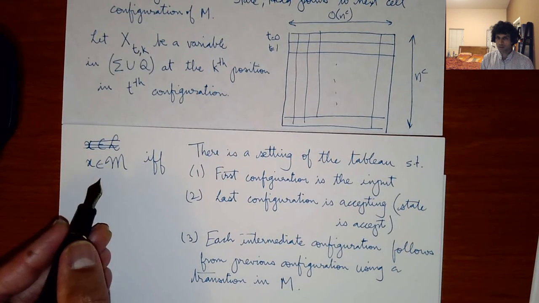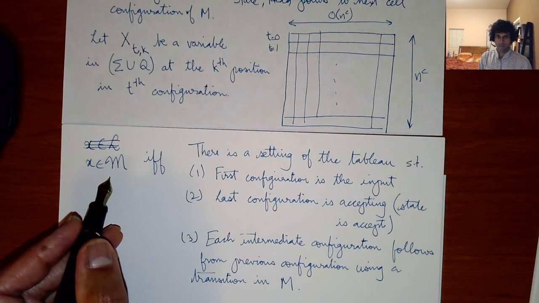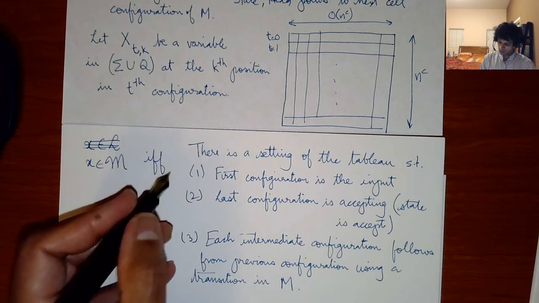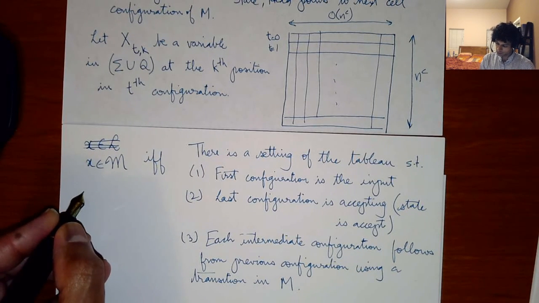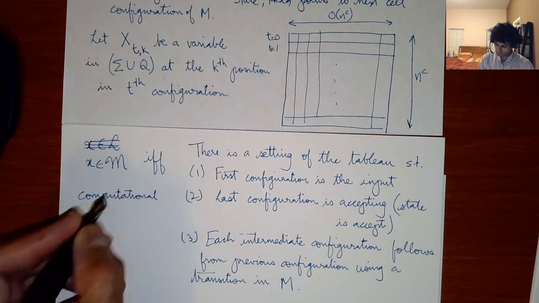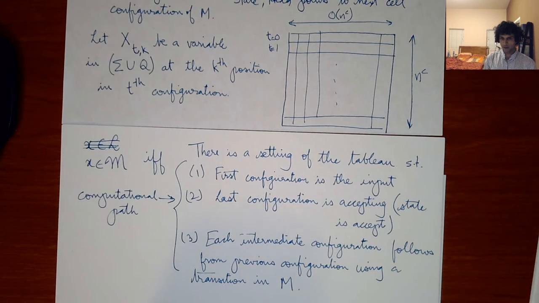So X is going to be in the language if and only if there is some computational path. But the computational path can be represented as a tableau. So all of this is the entire computational path, which we can just think of as a collection of strings.